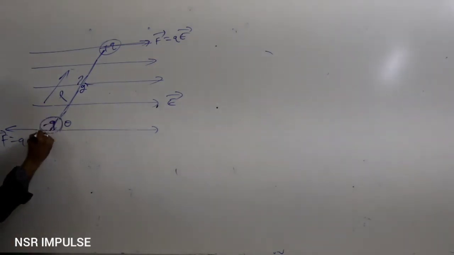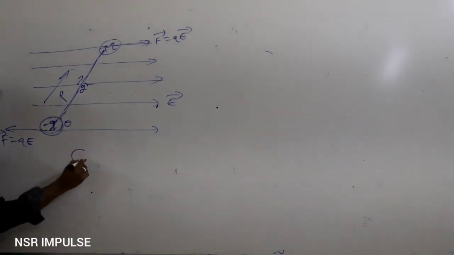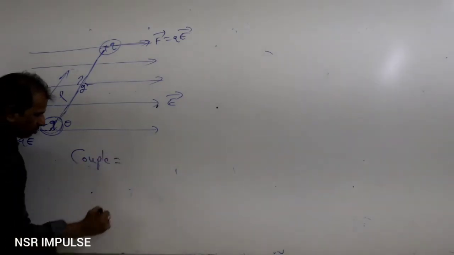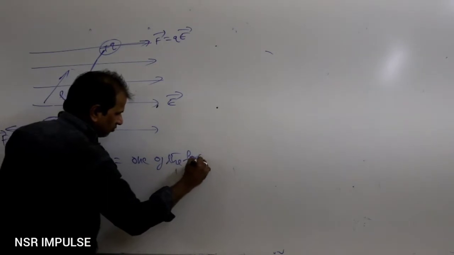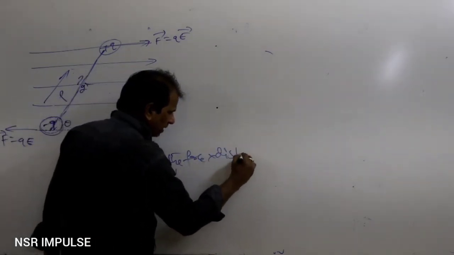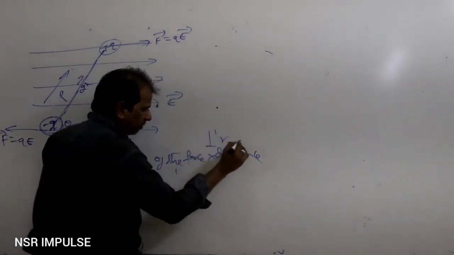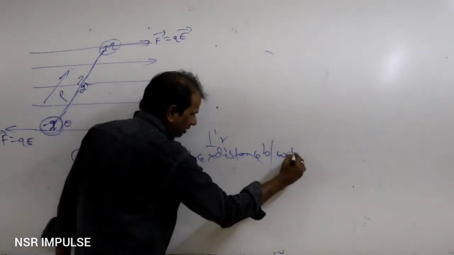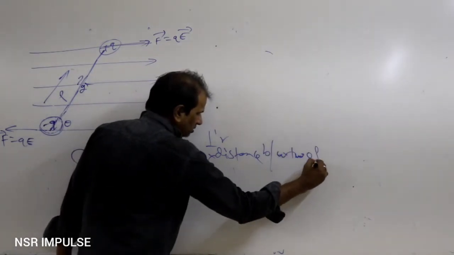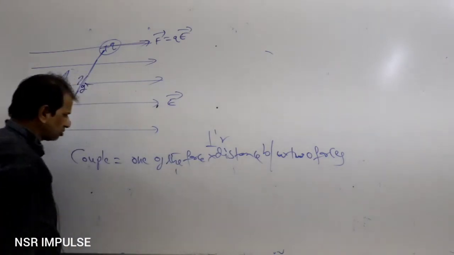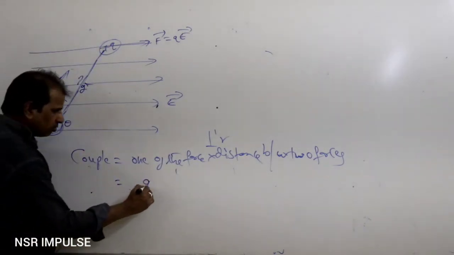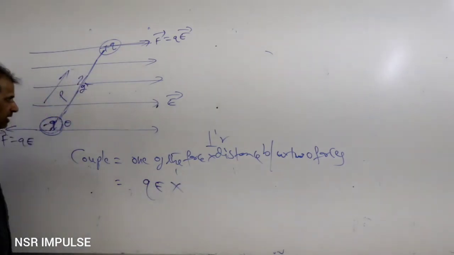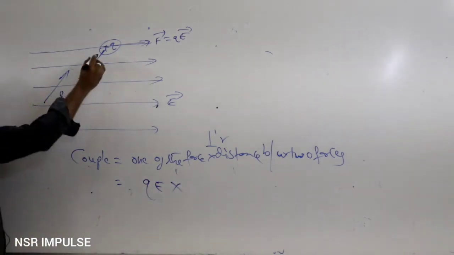Then how to find the couple? The couple acting on this dipole is equal to one of the forces into the perpendicular distance between the two forces.